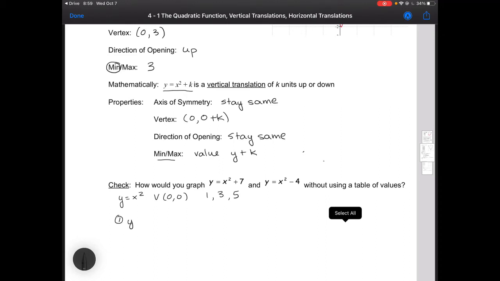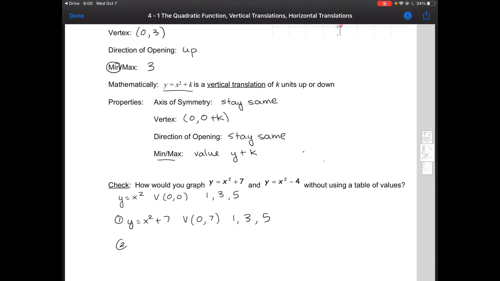For my first parabola, y equals x squared plus 7, I know I have a vertical shift. So that means that my new parabola is going to be 0, 7, and I would keep the same point pattern. Over 1, up 1, over 1, up 3, over 1, up 5. My other characteristics have stayed the same.